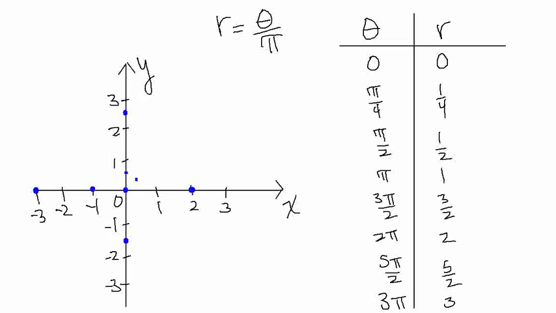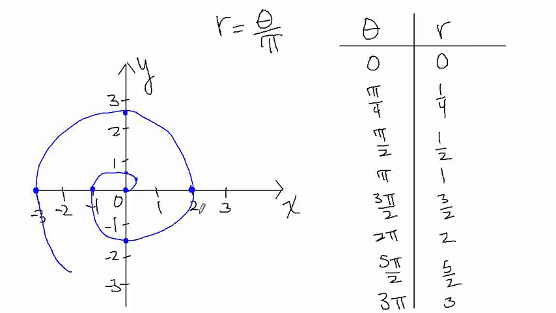So putting it all together, if you continue to locate more and more points, then I hope eventually you would see that the plot is a spiral that looks something like that, and it would continue spiraling if I kept adding more and more points.